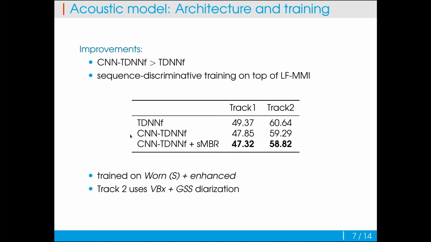Also, using the sequence discriminative training with SMBR on top of LF-MMI further decreases the error. Here the results that I'm showing on track 2 are already quite a bit better than the baseline, because in these experiments we already use our diarization and the modified enhancement.